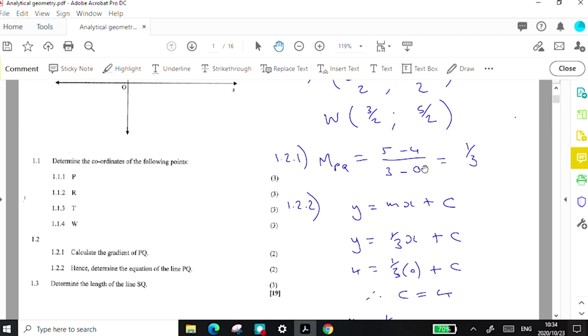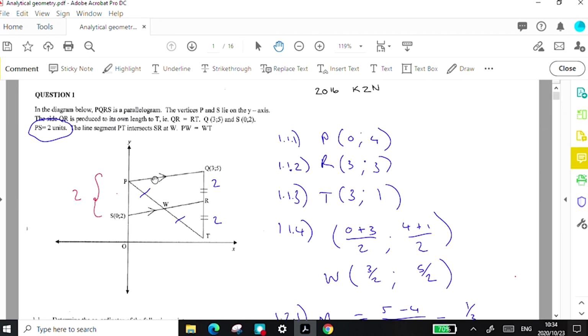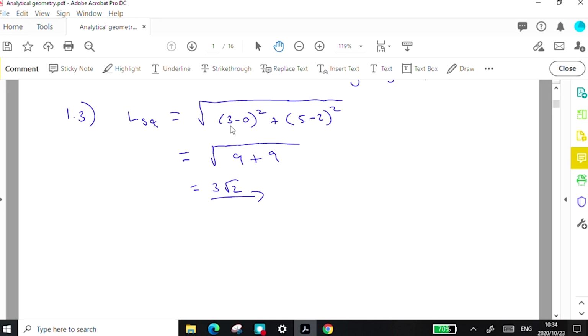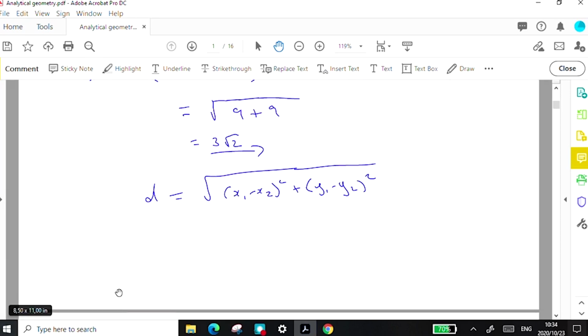So the tools we need to solve these problems are: 1, the distance formula. Distance is equal to the square root of x1 minus x2 whole squared plus y1 minus y2 whole squared. We need the gradient formula. The gradient is equal to change in y over change in x.